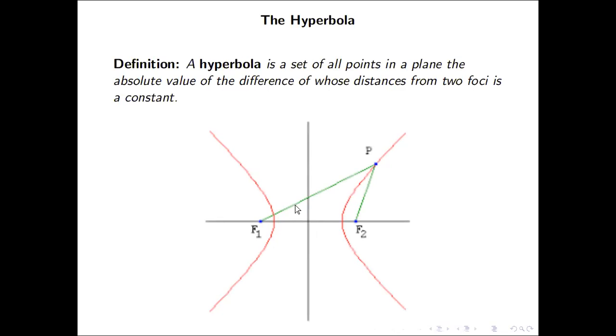It has two branches, and P is a point on the hyperbola. And by definition, the absolute value of the difference of the distances PF1 and PF2 is a constant, no matter where point P is on the hyperbola.